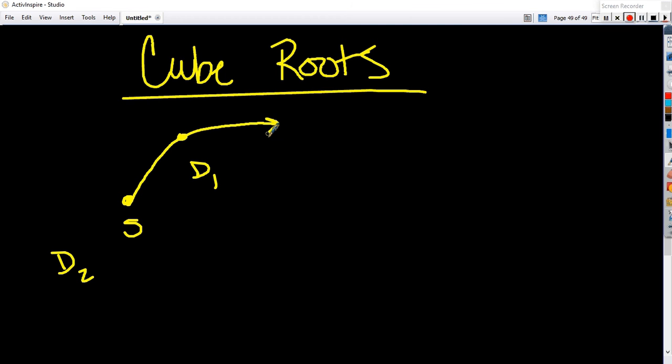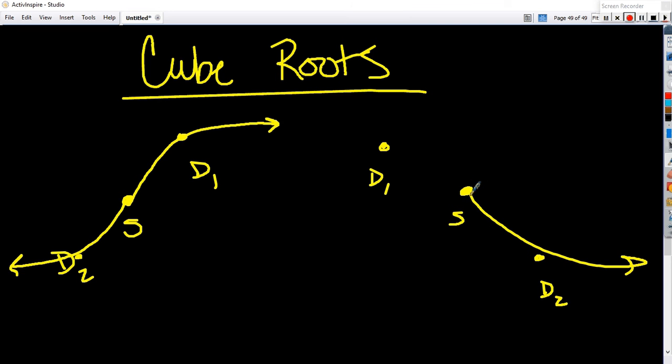Because a cube root can be negative, so I can have that piece and I can have the negative portion of it. So it's going to look like that, or, and it doesn't matter which one is direction 1, which one is direction 2, they just kind of twist around.